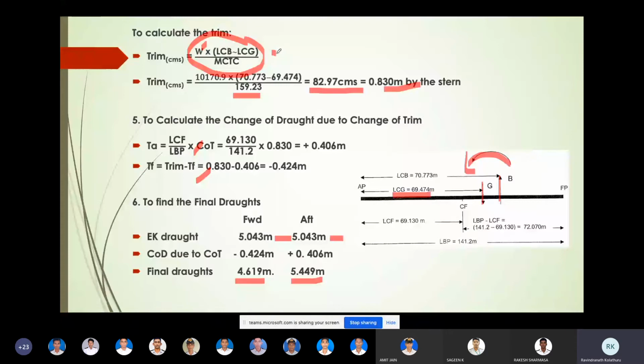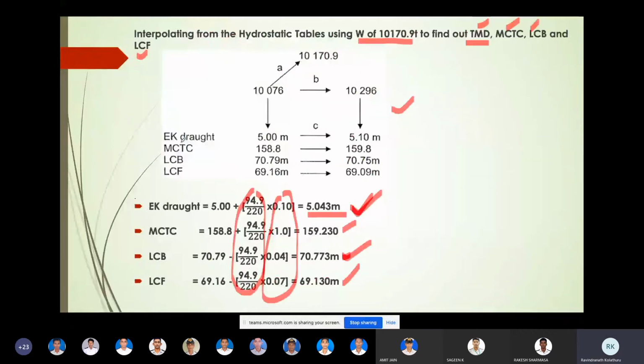I have only displacement, whereas I don't have LCB and MCTC, and I require LCF also. So these three data I don't have. That is why, with the final displacement, I go to the hydrostatic tables and find out all these values. So with that I get my final drafts.